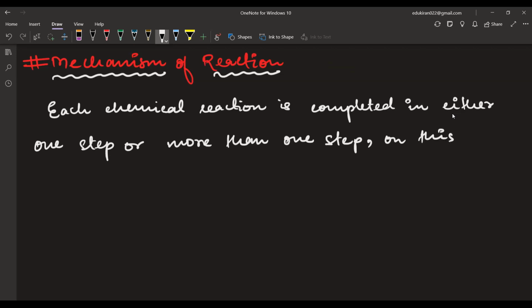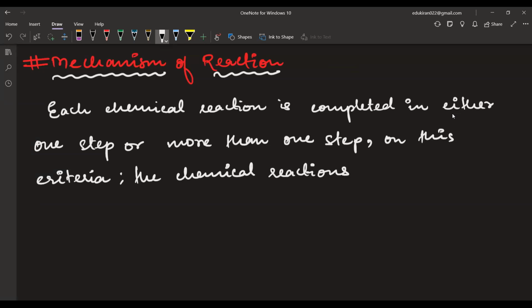On this criteria, the chemical reactions are divided into two types.